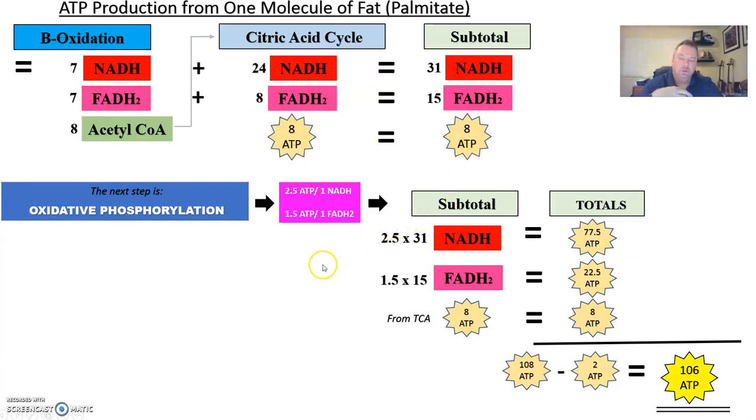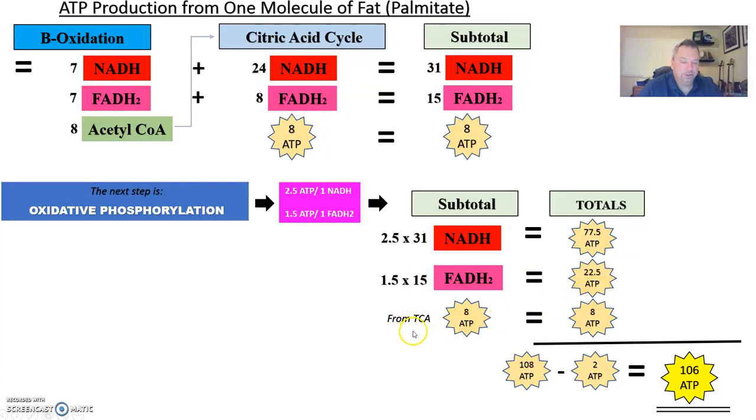Now we need to go into our next step of oxidative phosphorylation. So we take our reduced enzymes and we go through our conversions once again. So 2.5 multiplied by 31 NADH provide us 77.5 ATP. 1.5 multiplied by the 15 FADH2 give us 22.5 ATP.